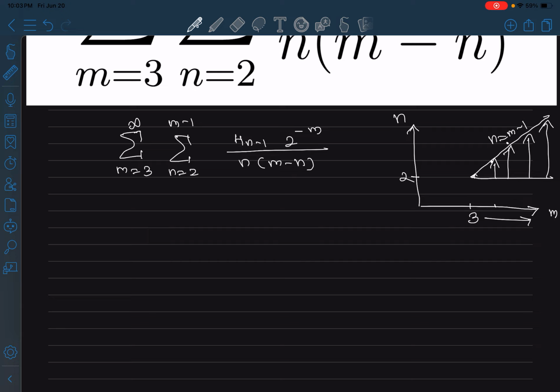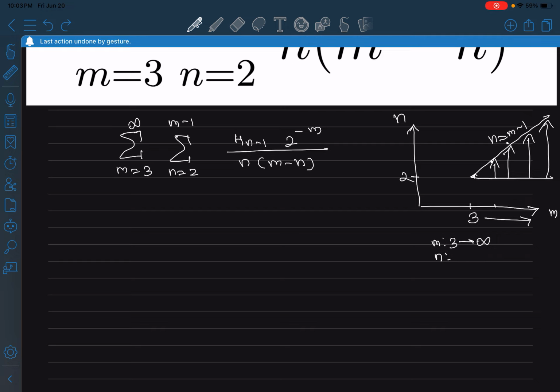Now, with m first, we could write this as m going from 3 to infinity and n going from 2 to m minus 1.